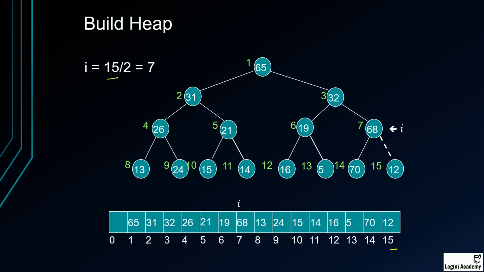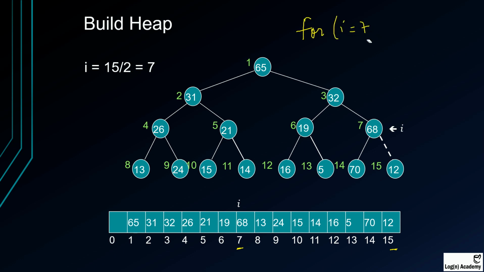So 15 divided by 2 gives 7 point something, but this is integer division, so I'll get the integer value only. So now I have 7. In the for loop, i will be 7, so the for loop is something like for i equals 7, based on this array.